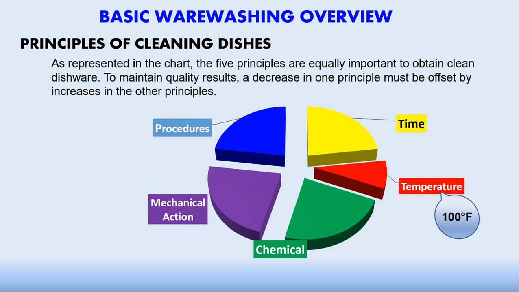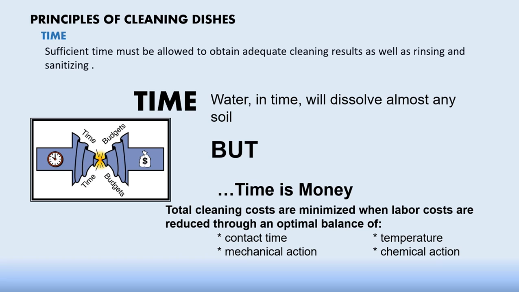Let's break each one of these principles down and take a closer look. Let's start with the principle of time. Sufficient time must be allowed to obtain adequate cleaning results as well as rinsing and sanitizing. Water and time will dissolve almost any soil, but time is money.